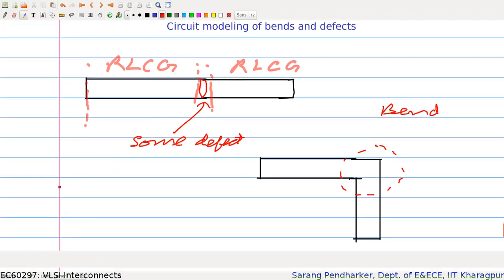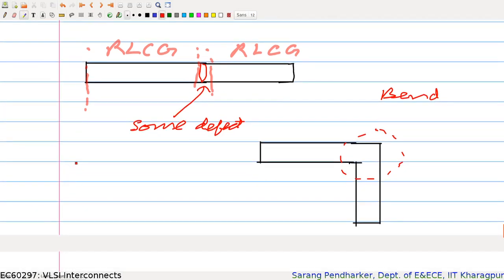So for that, what we do is called the de-embedding. If I have characterized this segment of my interconnect, and so basically I know what would be the RLCG if I fabricate or simulate an interconnect of some certain dimensions, but then there is some additional defect, or there is a bend.